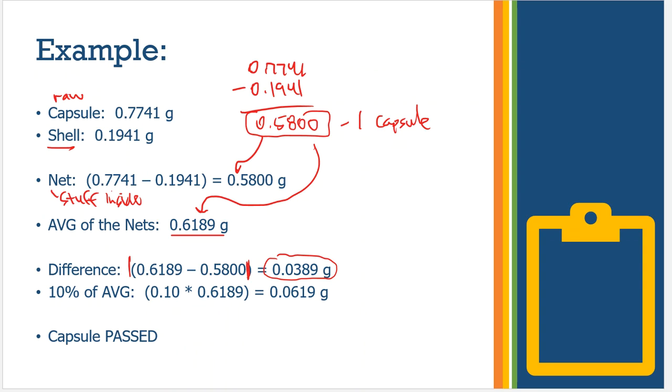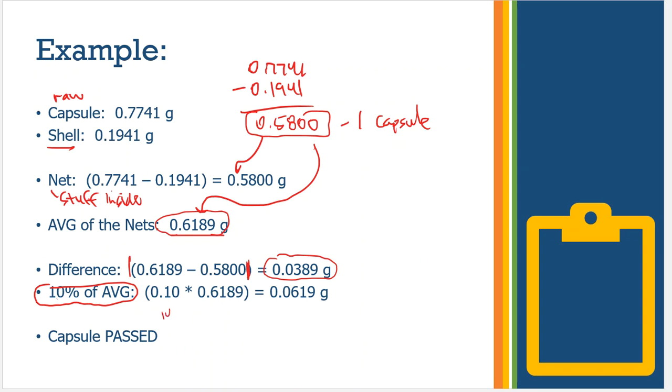So that gives me a difference, and it says that all of my capsules should be within 10% of the average, right? So that is my threshold. That is what I need to use as a judgment call to say, did this thing pass or did it fail? So 10% of the average, my average was 0.6189.